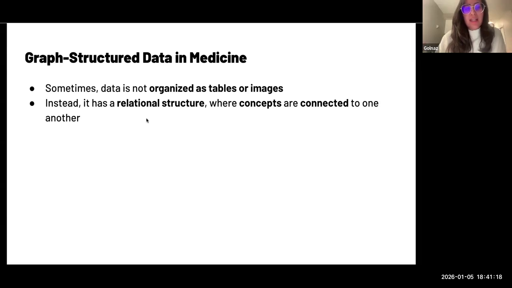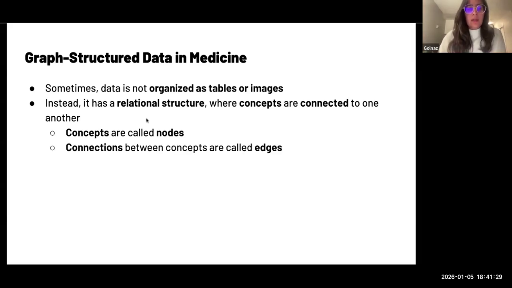So it has a relational structure where concepts are connected to one another. You can think of it as a graph where concepts are the nodes, and the connections are how those nodes are related to each other, which we call edges when we're studying graphs.